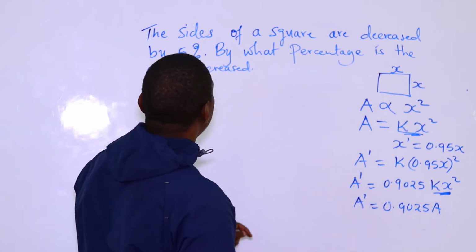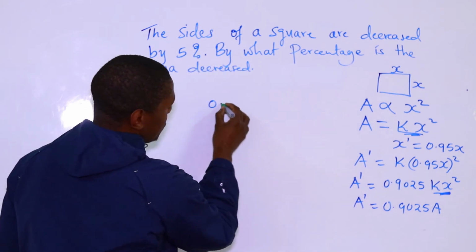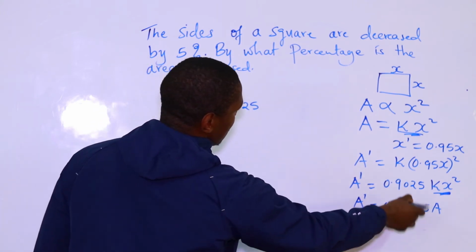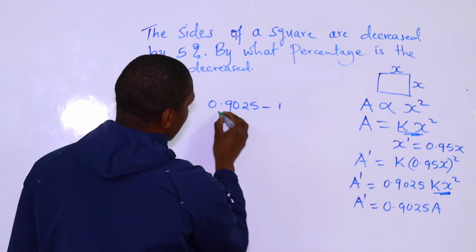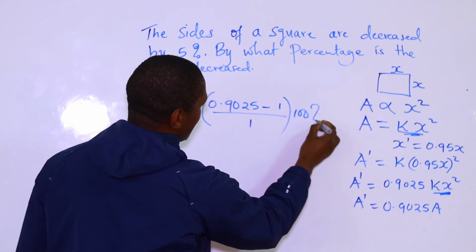So the area has changed by 0.9025. And we're being asked to find the percentage change. So this will be 0.9025 minus the original area, which is 1, divided by the original, multiplied by 100%.